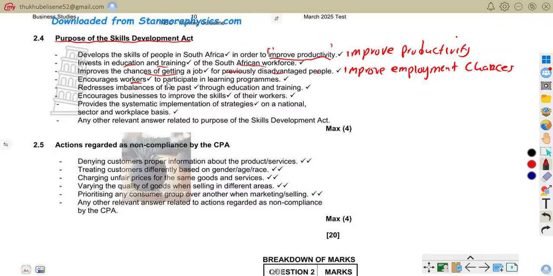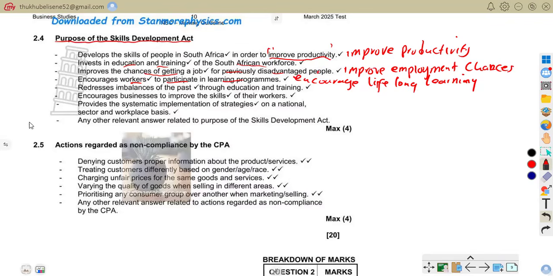It encourages workers to participate in learning programs. It means it encourages lifelong learning, for example ongoing staff workshops.